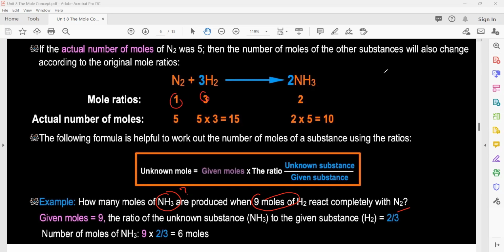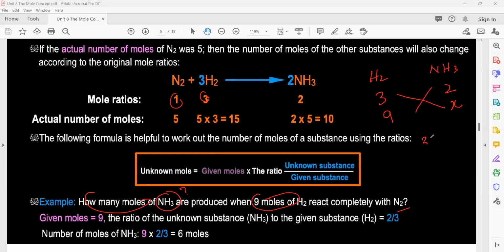They are comparing hydrogen with ammonia. Hydrogen how many? 3. Ammonia how many? 2. Now, the other value, 9 moles of hydrogen, they have given. Ammonia they said find how many moles. So put X.